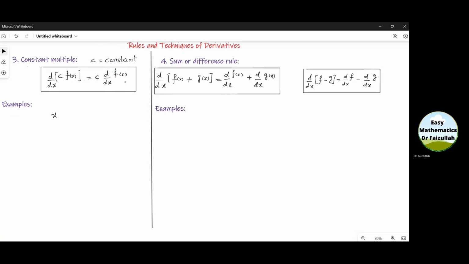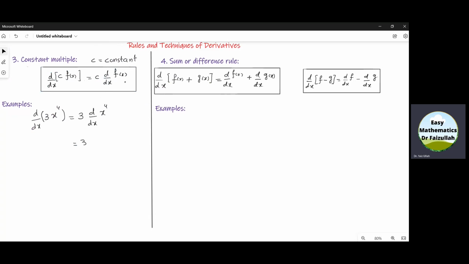Let us explain it by some examples. We have a function x power 4, and there is a constant multiple, let us say 3. Now to differentiate 3x power 4, we can write it as taking 3 outside of the differentiation and differentiating only x power 4.